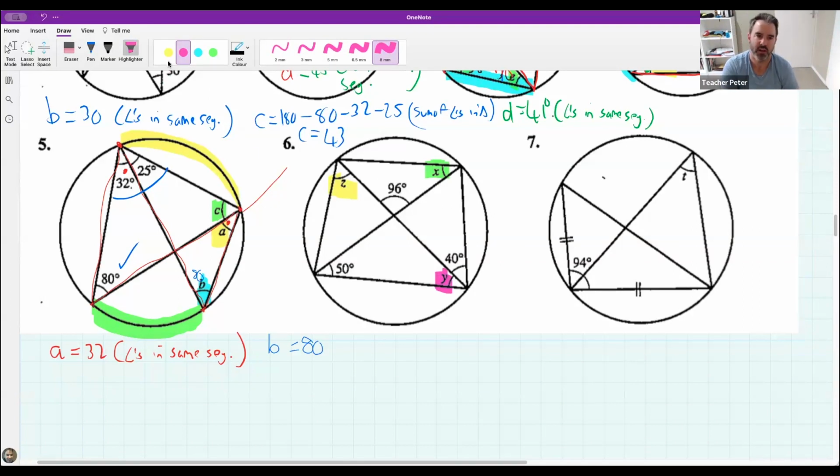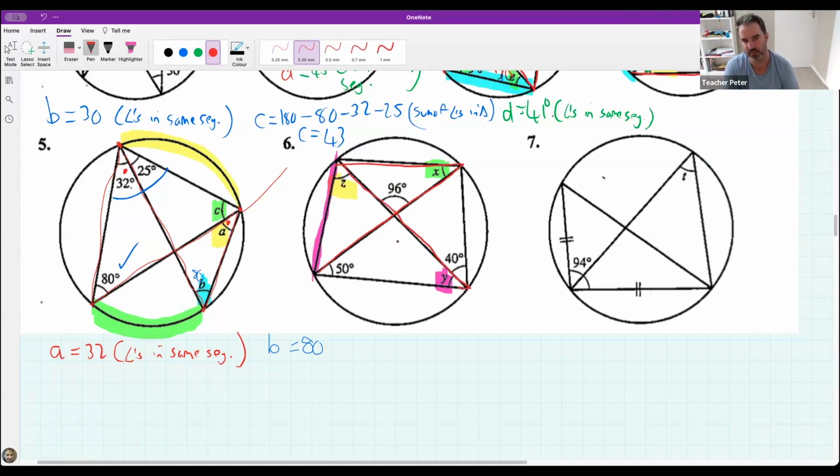Now, where would I put my arc to help me? Or my chord, depending on which one I want to find a friend for. I think I'm going to find a friend for x. I'm going to use this chord instead of the arc as the base. And there's x, but I can also subtend an angle.